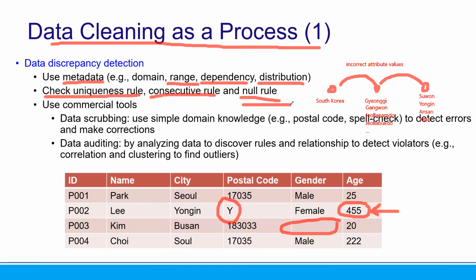So on some websites, if you want to be a member, they may ask you, what is your gender? You can choose male, you can choose female, or you can choose not to fill in. If you choose not to fill in, then the gender will be blank. So if it follows the null rule, then yeah, it is not noise.